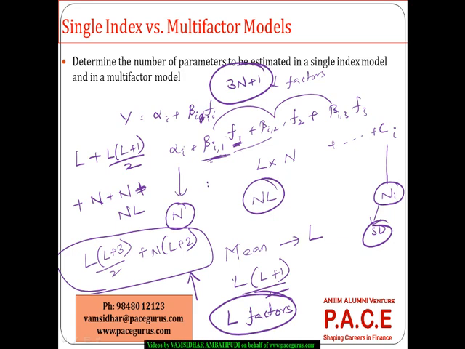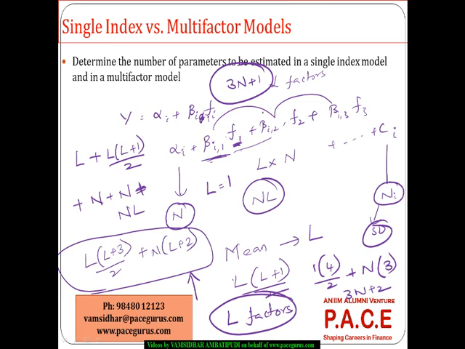So in case L is 1, I can check it for a single factor model. It becomes 1 times 1 plus 3, 4 by 2, plus n times L, plus 2, which is 3n plus 2.